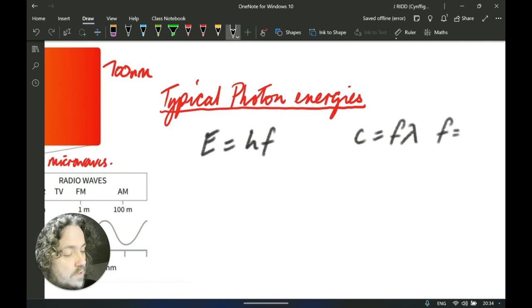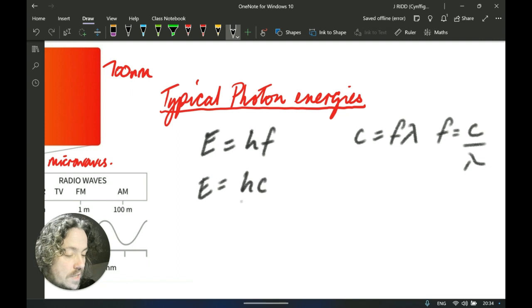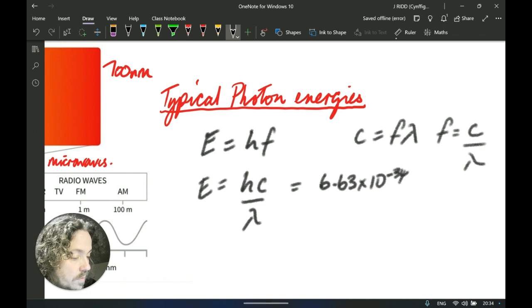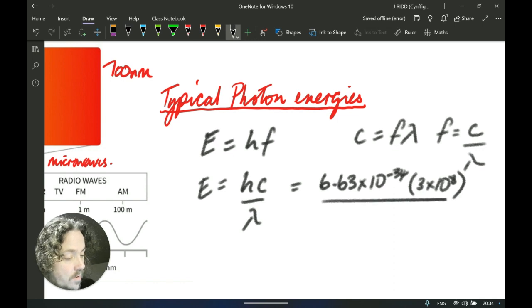So f is equal to c over lambda, and therefore I can rewrite this first equation as E is equal to h c over lambda. All right, and a typical energy then, we'd be using 6.63 times 10 to the minus 34 times the speed of light c, which is 3 times 10 to the 8, all over lambda.